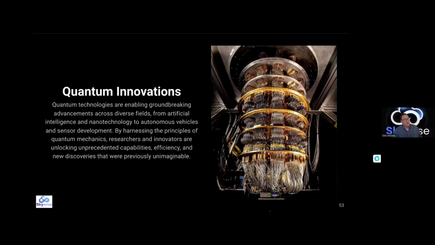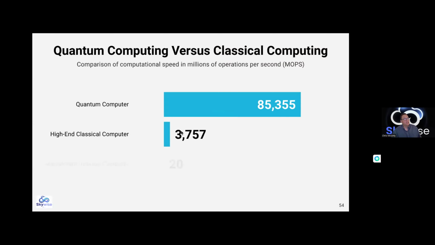This is a picture of Sycamore, which is Google's. It's probably the most powerful quantum computer in the world right now. But the quantum innovations are really the driving force, are going to be the key to actually realizing these things, because much of this is not computable by a classical computer. I would say NVIDIA's processors make that closer to being more possible, but the quantum technology is really where it needs to be.